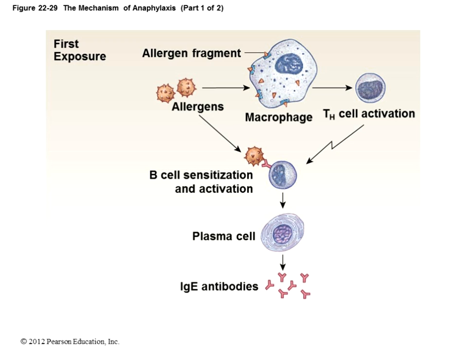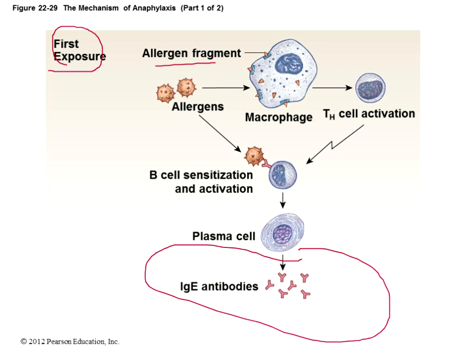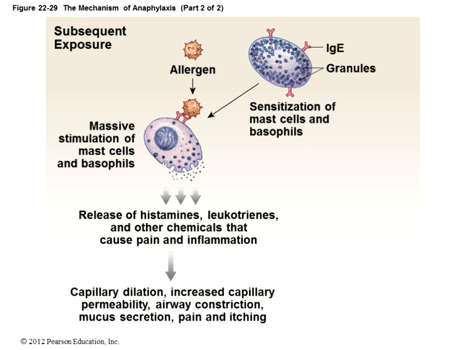this really strong response. And this just sort of shows the mechanism of anaphylaxis: the allergen fragment, B-cell sensitization, and the formation then of IgE antibodies at the first exposure, right?